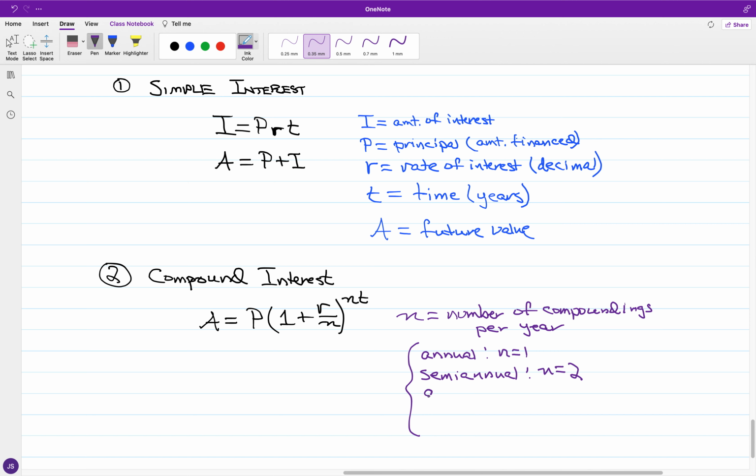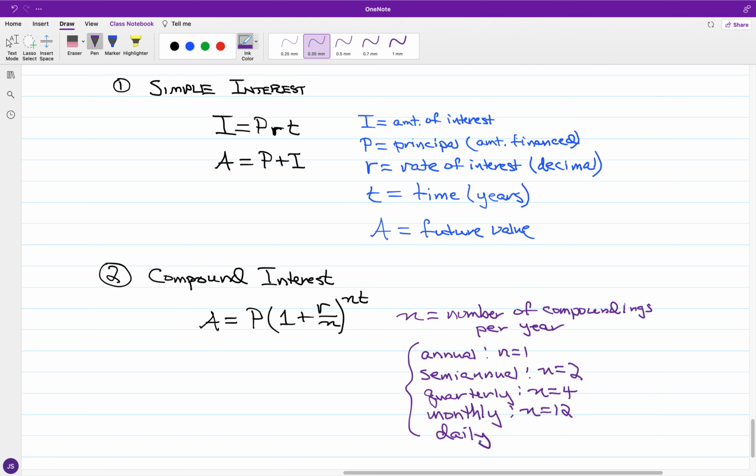If I up the frequency to compounding on a quarterly basis, n is equal to 4. And for monthly compounding, you have 12 times a year.